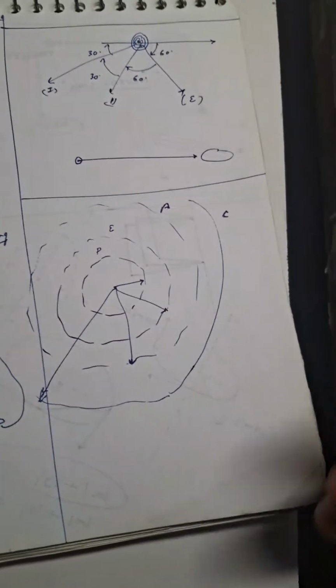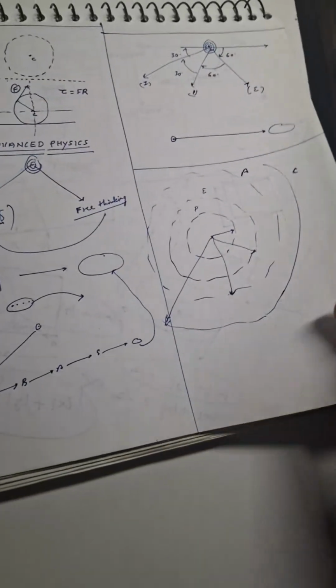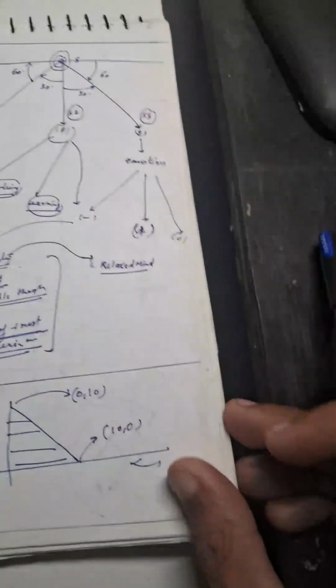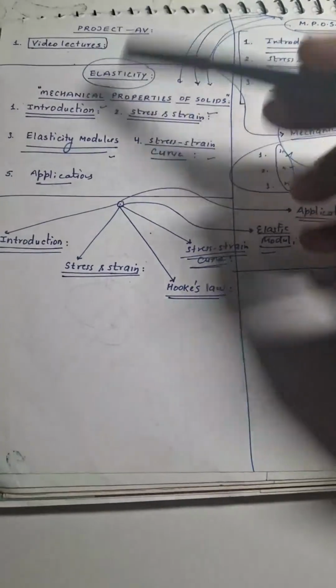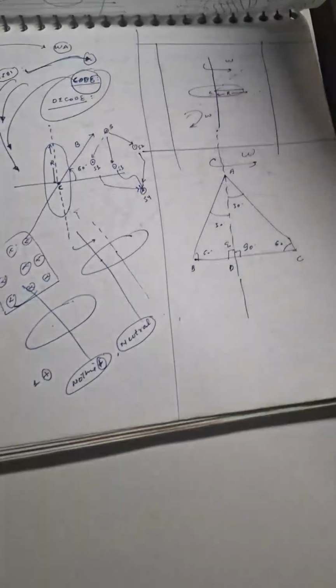Then another question based on angle between various lines. Then there is another discussion on neural links, calculation of moment of inertia, free based questions, problems of the students. Then there is another concept on my video channel, Project AV, concept of elasticity, different topics as given over here, stress strain curve.